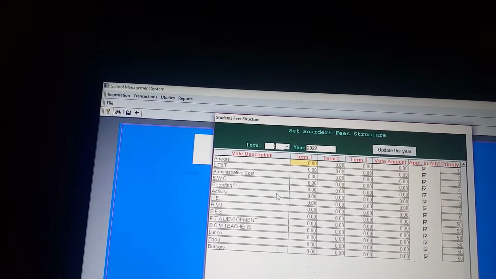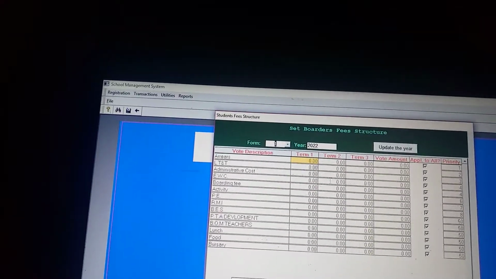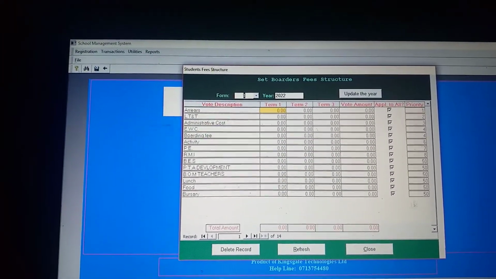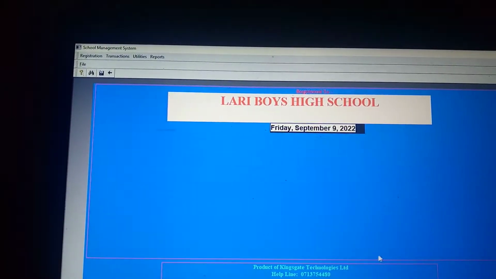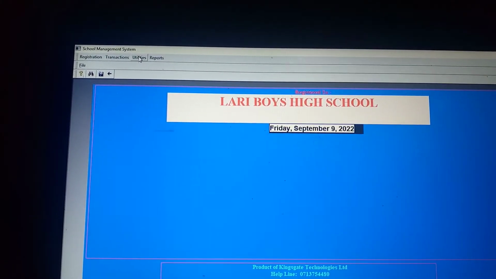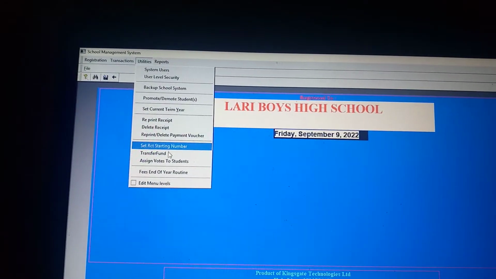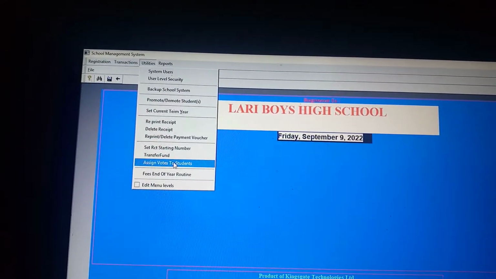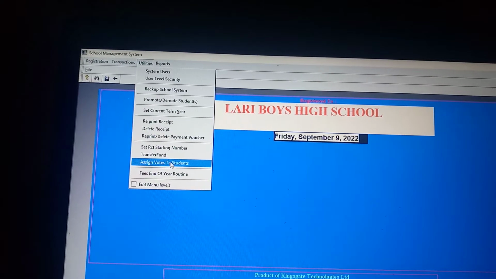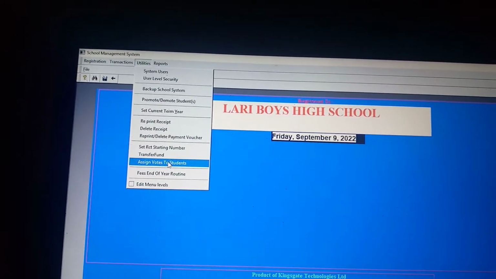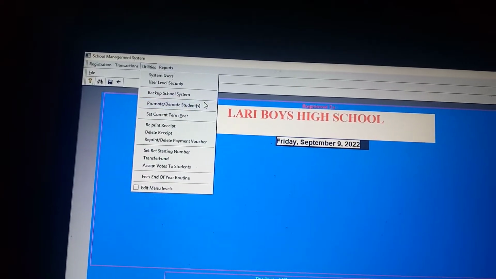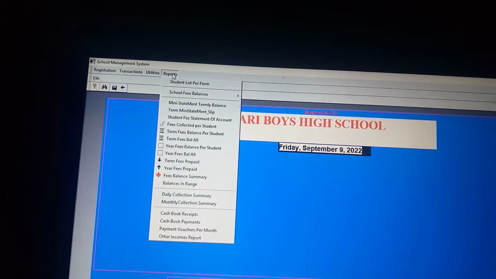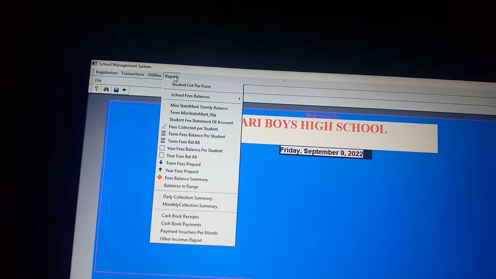You come here and enter the figure for whatever they did. So in our case, they were being charged 10,000, and so you come here and assign the students who had stolen the uniform. You assign them that vote, so that their balance increases by 10,000 because of that newly introduced vote.